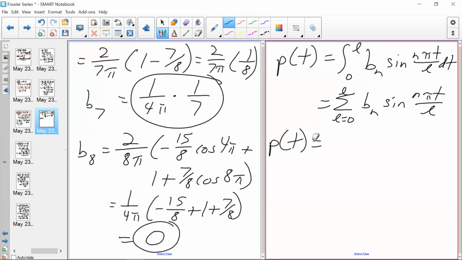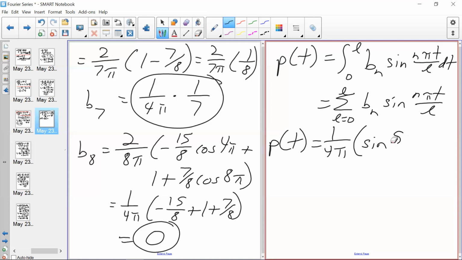P of t, and remember, all of these b sub n's, except for 4 and 8, because those are 0, are factors of 1 over 4 pi. Now we take the function, which is sine n pi t over L. And we know that that becomes sine 524, because L is 1 over 524, so 1 over L is just 524.